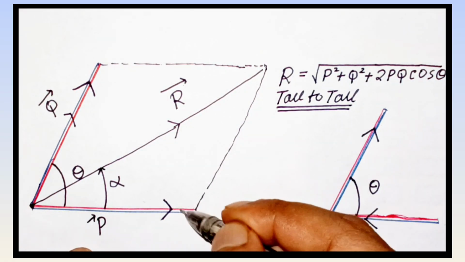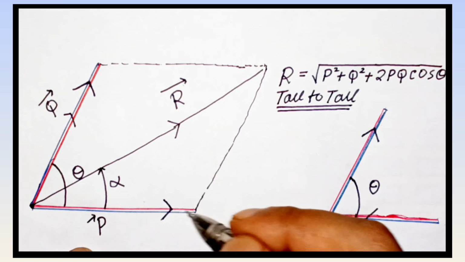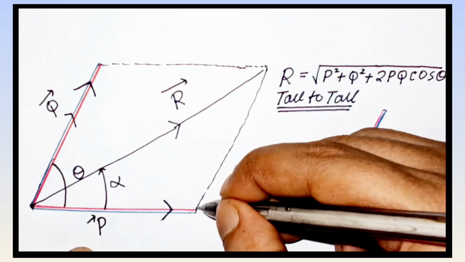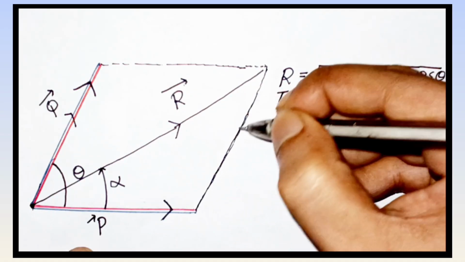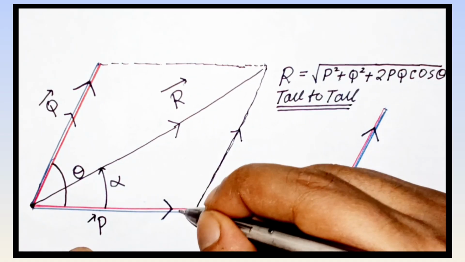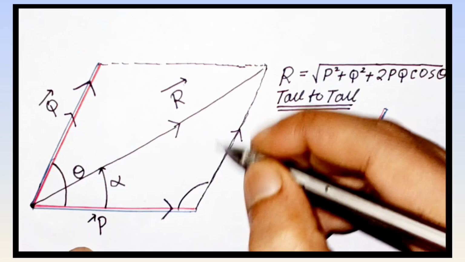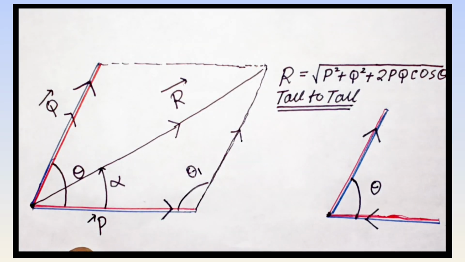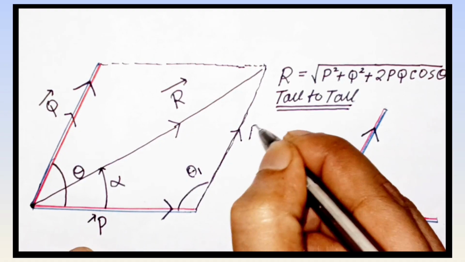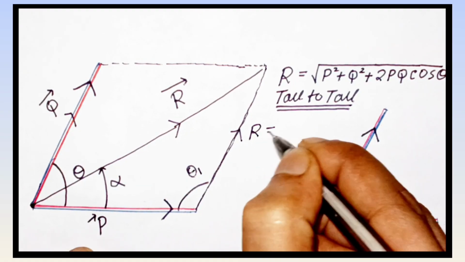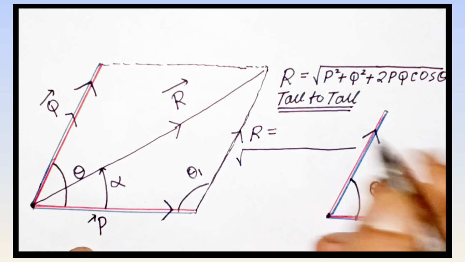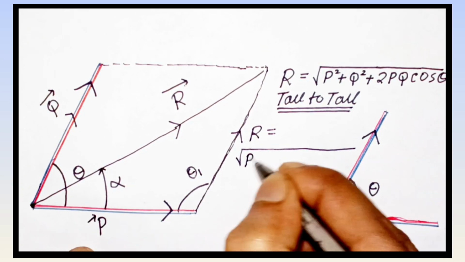Now we will discuss. Okay. In some books you can see this angle written, because it is parallel to the Q vector, this angle is head to tail. Let's call it theta 1. In such books, the formula is R equals the square root of P squared plus Q squared minus 2PQ cos theta 1, minus, not plus.